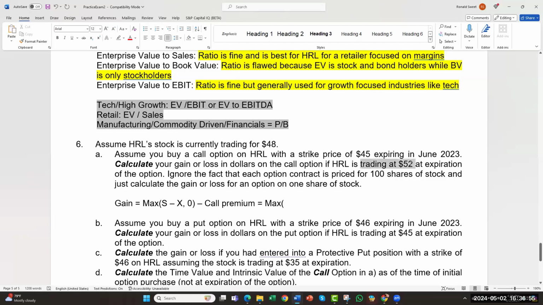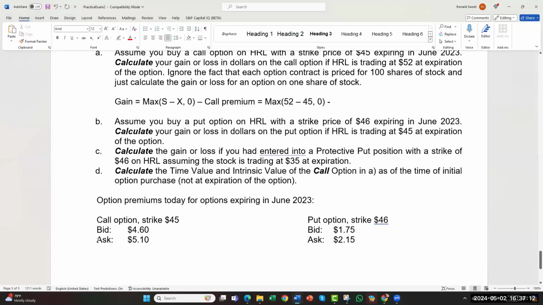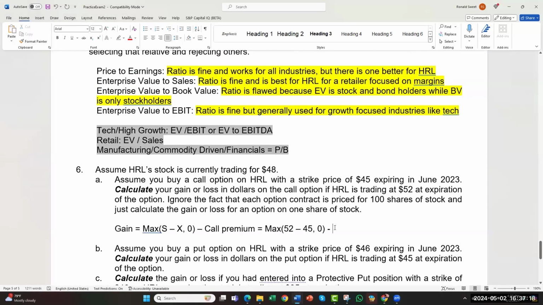It's trading at $52 at expiration. Our strike price is 45. So that's good. We got a $7 gain there, but how much do we have to spend to get it? On the call option, we're talking about buying it, so we use the higher number, the ask, 5.10. So 7 minus 5.10 gives us a gain of $1.90.